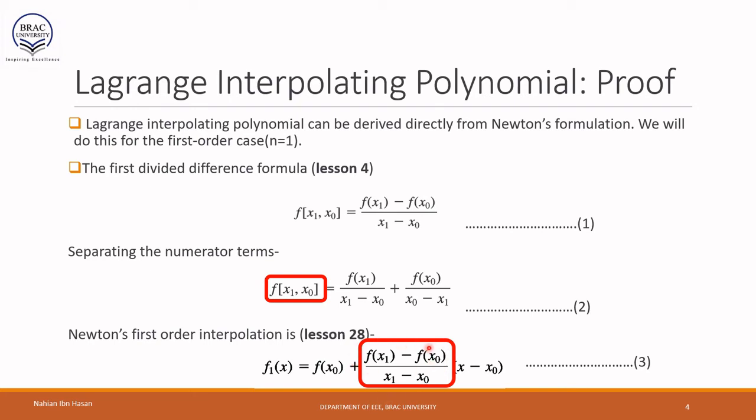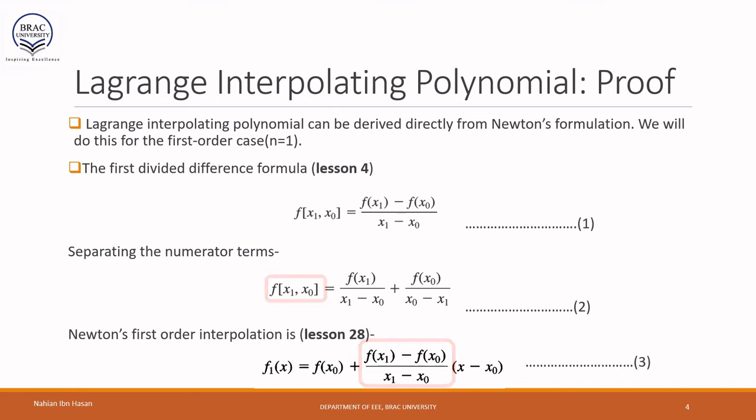So Newton's divided difference, or Newton's interpolating formula, was not just a new method, rather it incorporated the divided difference formulas that we just learned in lesson 4. So they are just the extension of those lesson 4 formulas. So this first order divided difference formula actually appears in Newton's interpolation formula.